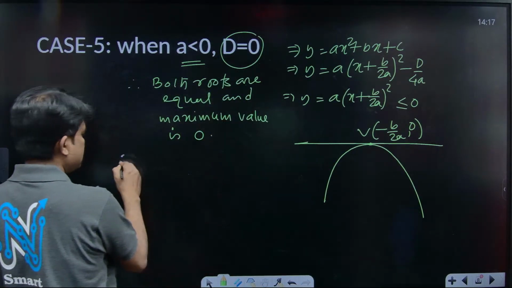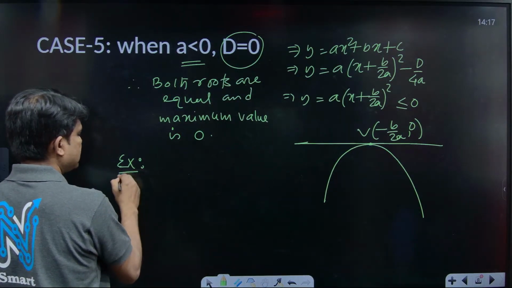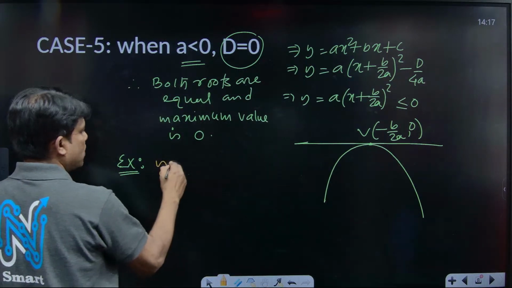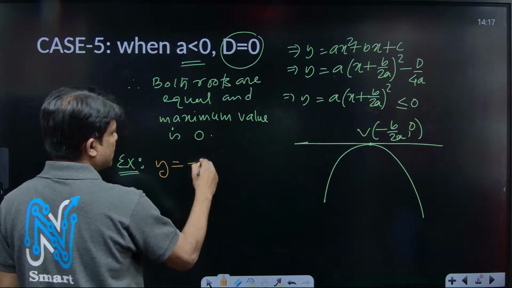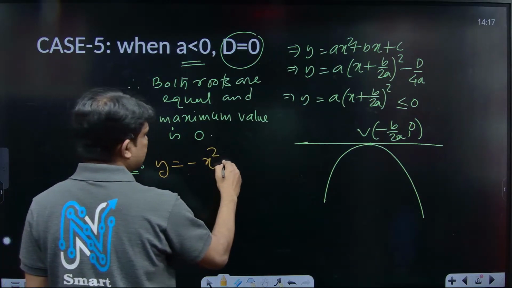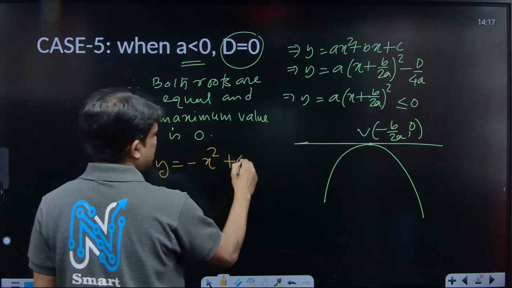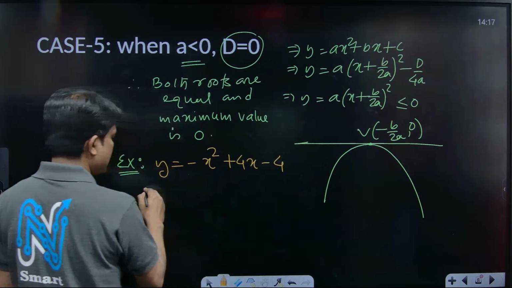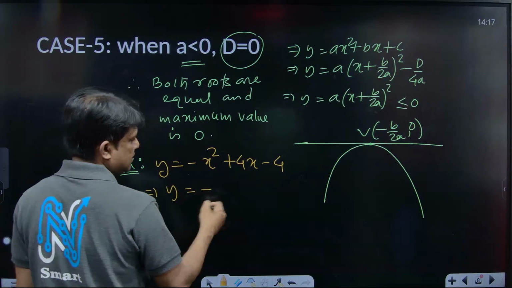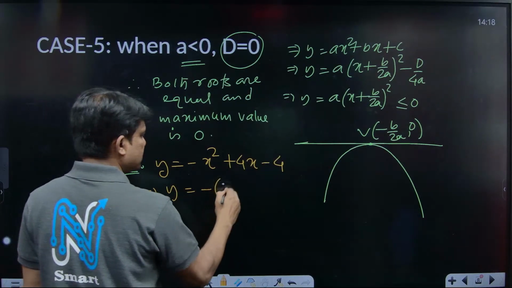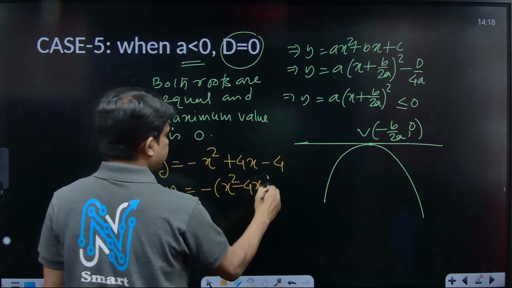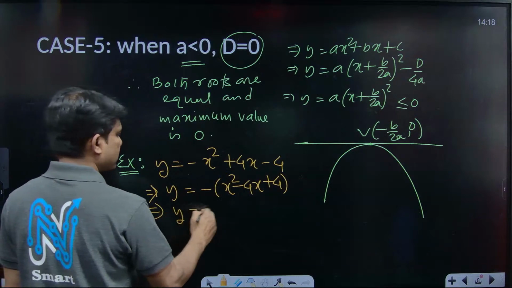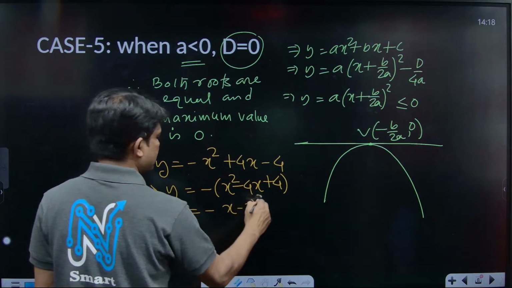One example: y equals minus x square plus 4x minus 4. Taking minus common, y equals minus of x square minus 4x plus 4, that means y equals minus x minus 2 whole square.